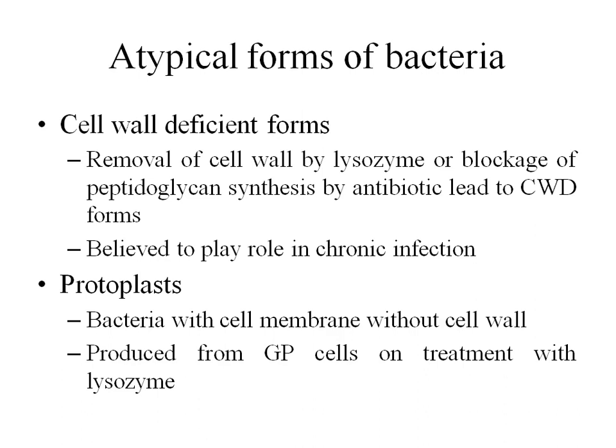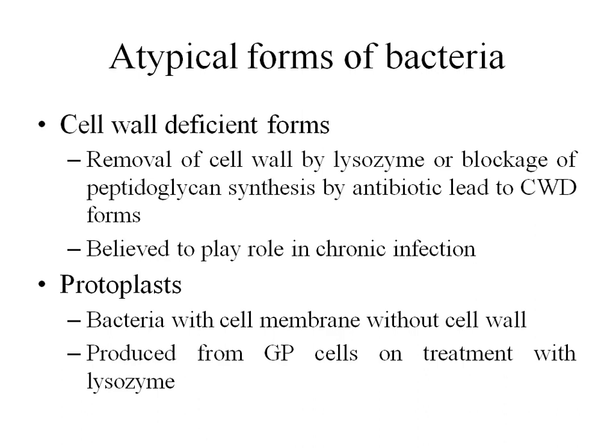Let's take up a few of the atypical forms. Cell wall deficient forms: usually the cell wall is removed with the help of either lysozyme or blockade of peptidoglycan synthesis, like treatment with a beta-lactam antibiotic, which leads to cell wall deficient forms.